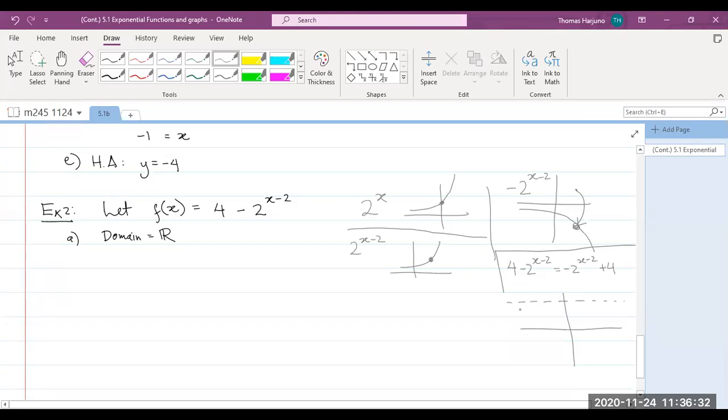Okay, so the graph may look something like this. From there we see that the range will be from negative infinity up to positive 4, not including positive 4. From there we also see that the horizontal asymptote is y equals 4.